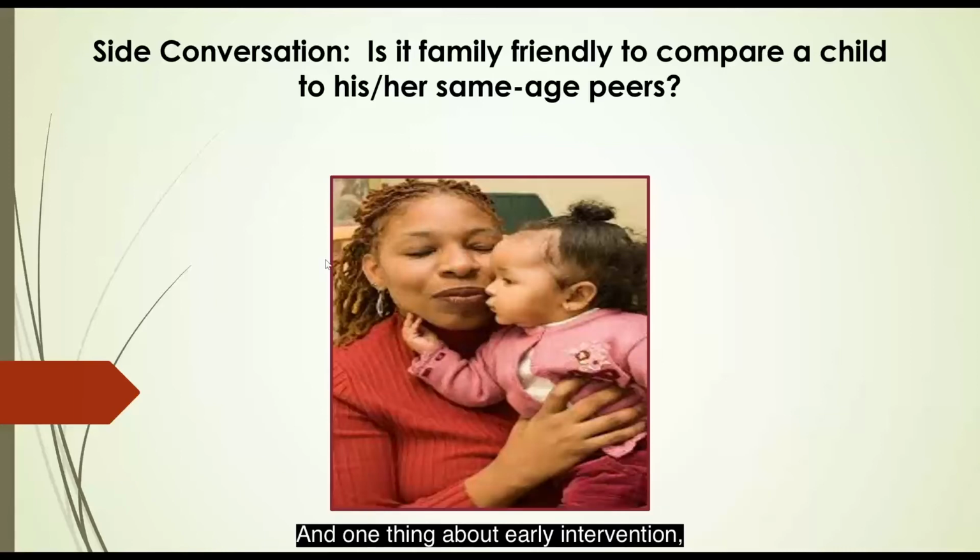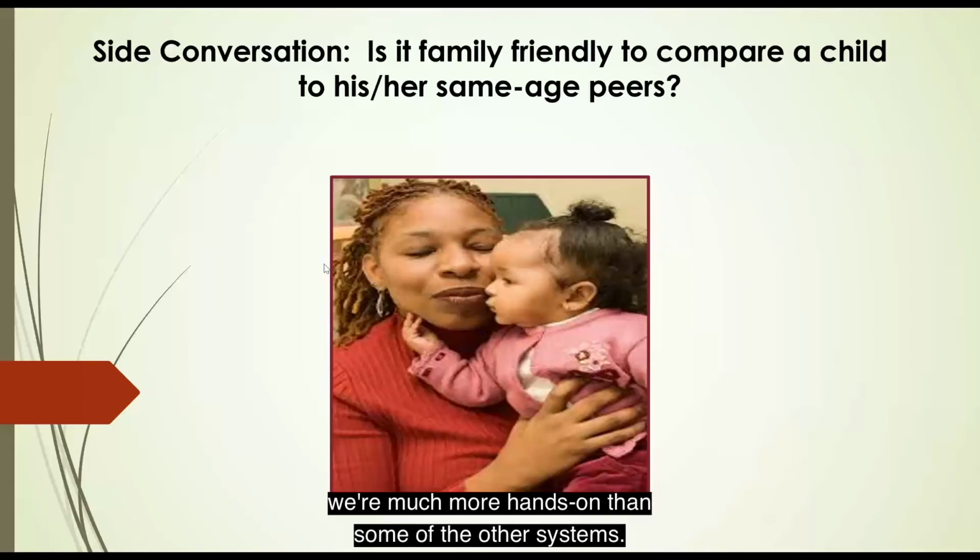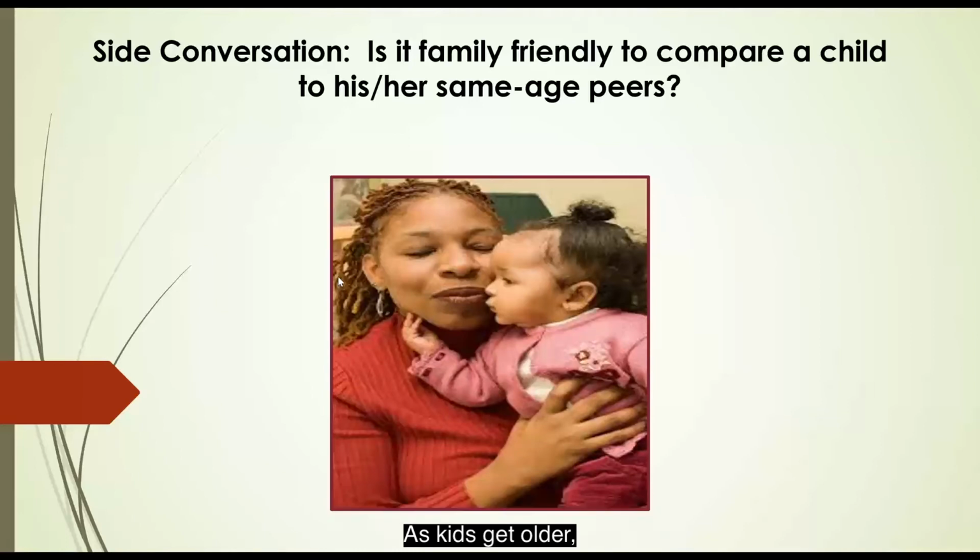And one thing about early intervention, we're much more hands-on than some of the other systems. As kids get older, the systems tend to be much more hands-off. So the families are going to be told this information, and there's nothing like being blindsided and told all this information about your child, but your child's already been involved with a program for 3 years or 18 months, and you never knew the extent of your child's disability or diagnoses.